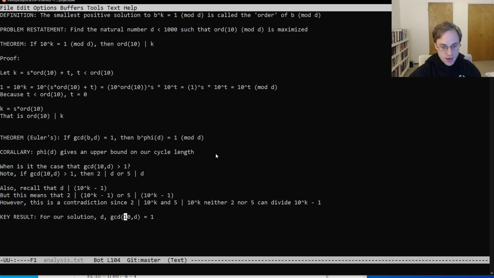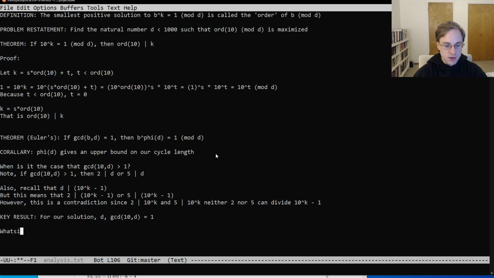To be clear, obviously you can have values of D for which this is not true, but those will not correspond to our solution based on the work we've already done. Okay, this means that Euler's theorem does apply, and this phi of D provides us an upper bound on our cycle length. Very useful.